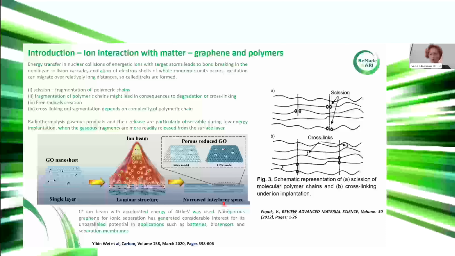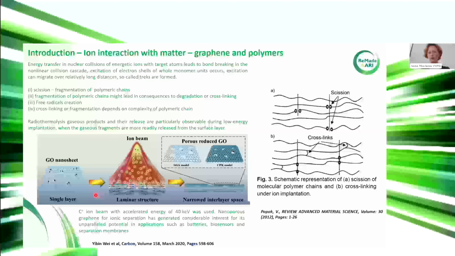But here is a very nice recent example of reduced graphene oxide, where an ion beam of carbon is used. This is so-called self-implantation, where we use carbon or oxygen ions if we are irradiating materials consisting of carbon or carbon and oxygen and so on. Under this irradiation with 40 kV energy, these authors achieved nanoporous materials, which is great because various separation membranes are now highly needed.